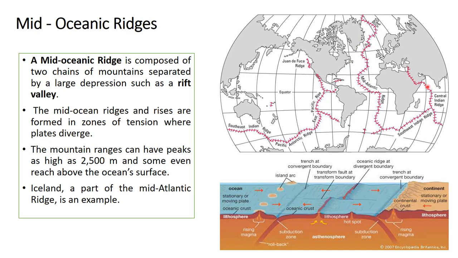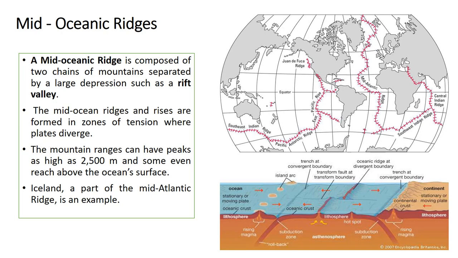The Central Indian Ridge, where we have Mauritius and the Maldives Islands, which are formed. These are also a product of these mid-oceanic ridges. And then we have the Southeast Indian Ridge. All of these form divergent plate boundaries.